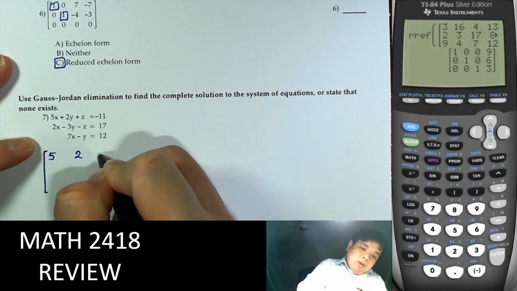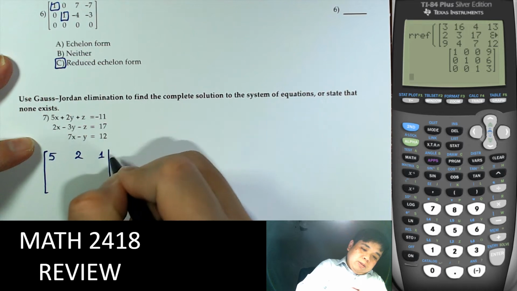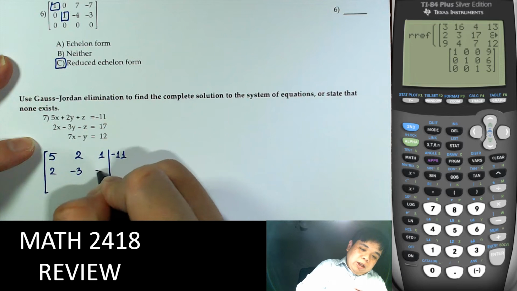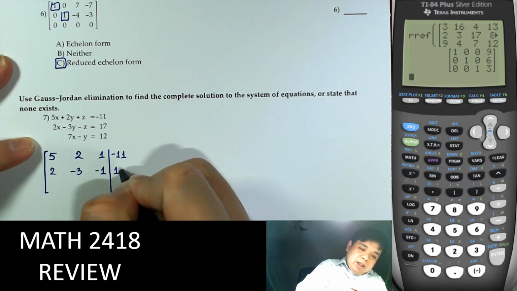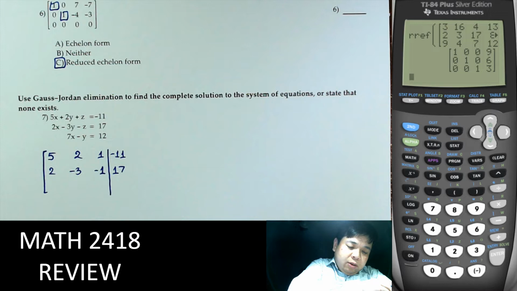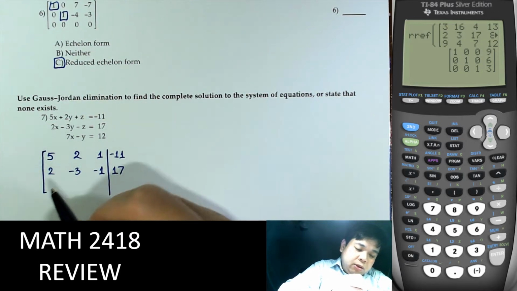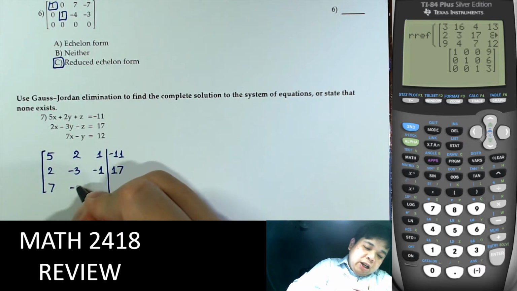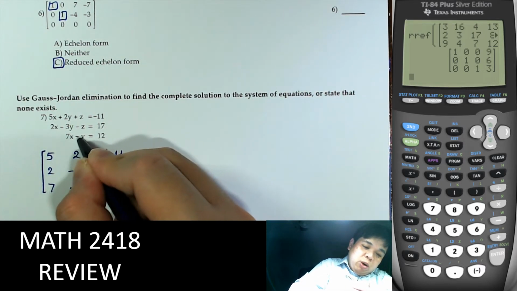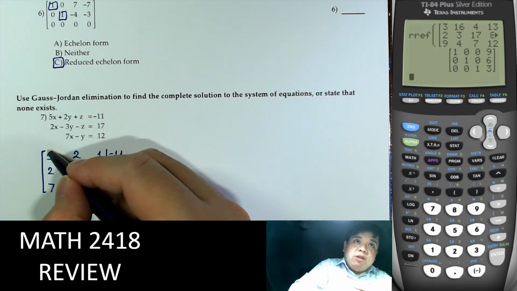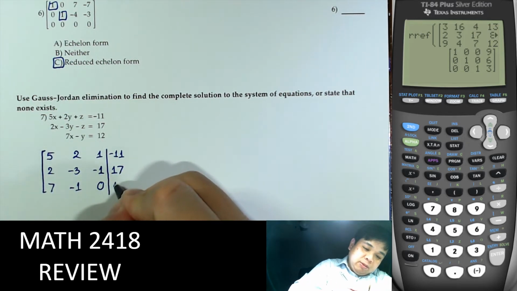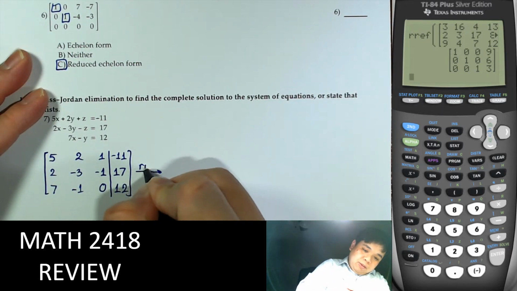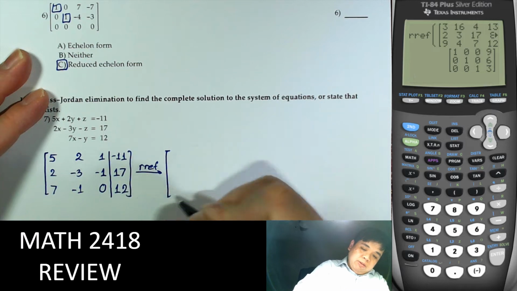5, 2, 1, 2, -3, -1, 17. 7x, -y, and 0z. Notice the way they write that, we have to write a coefficient for x, for y, for z. Reduce row echelon form.